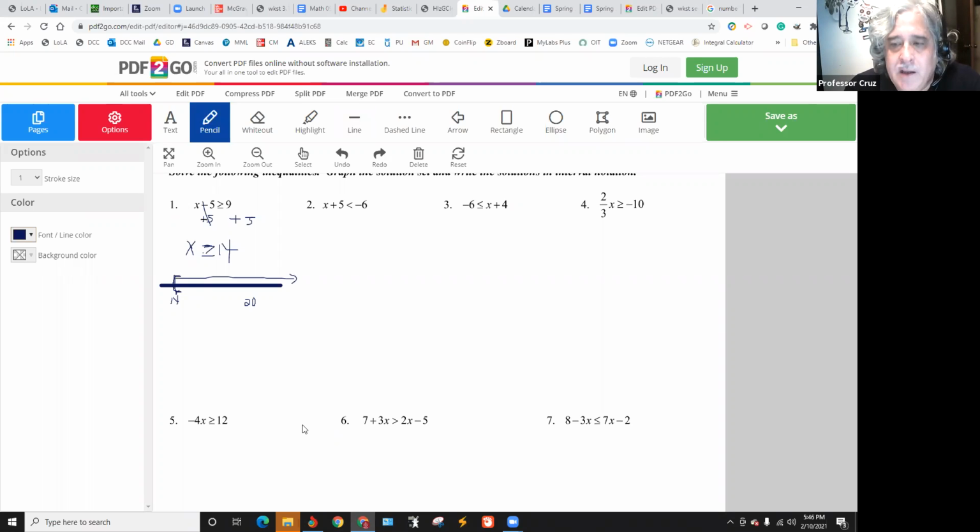So that's x is greater than or equal to 14. The bracket means it includes the 14, and the arrow there in the positive direction means that it's going on and on and on forever, essentially, because there's always something greater than a number.